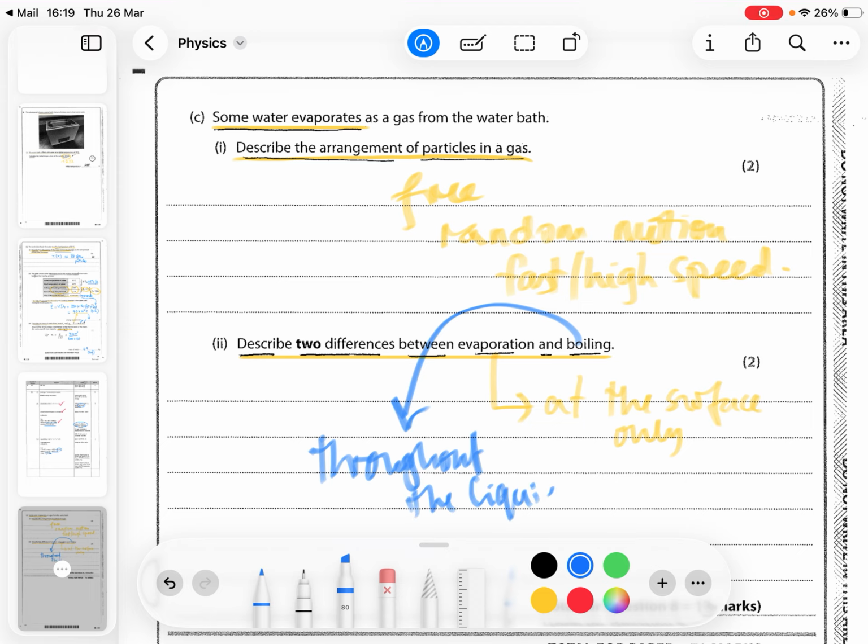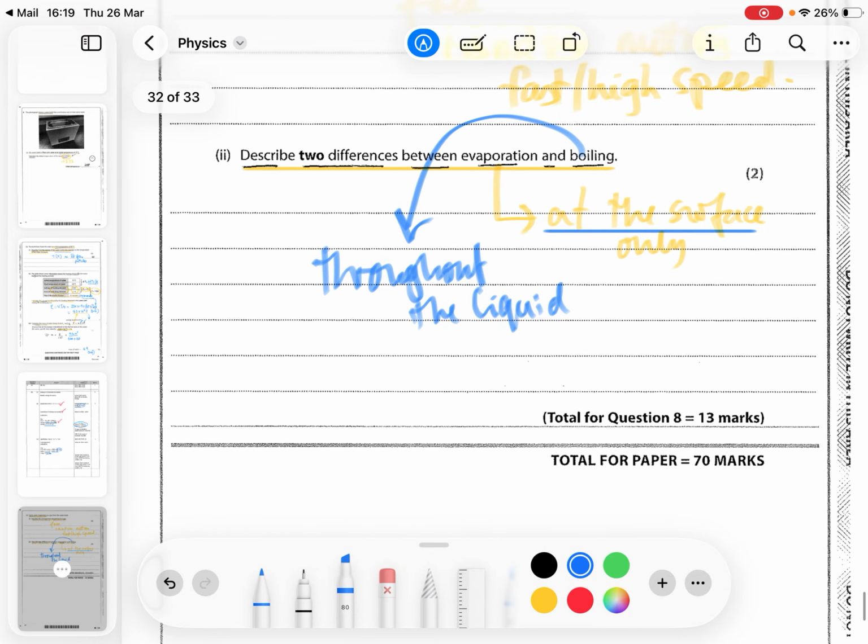Obviously, it's the liquid that boils. So when you see the water boiling in a pan, you can see all the bubbles. Well, that's actually water changing into steam anywhere in the water, whereas normally you don't see the evaporation happening at the surface. It's happening one molecule at a time. Okay? And there you have it.